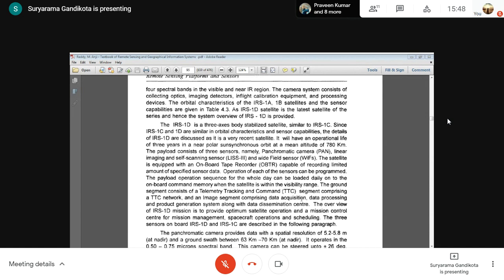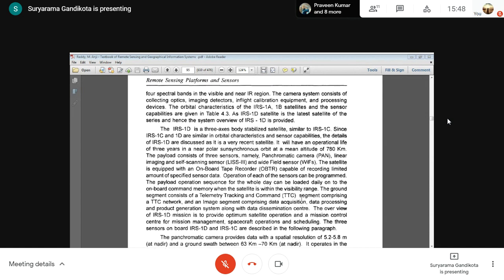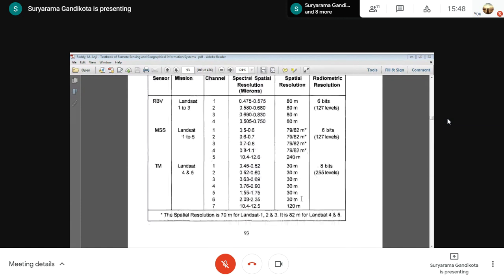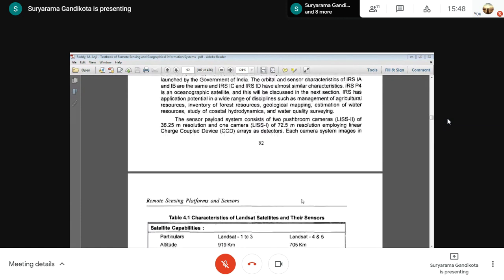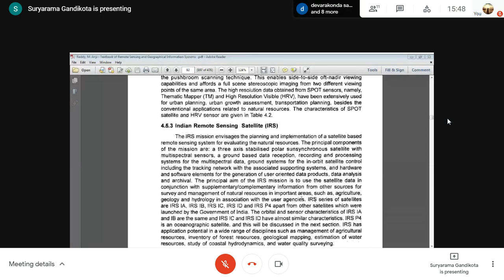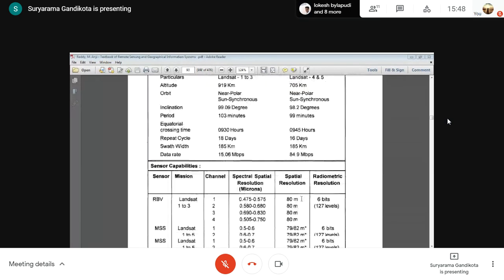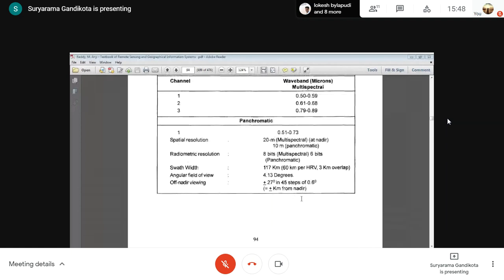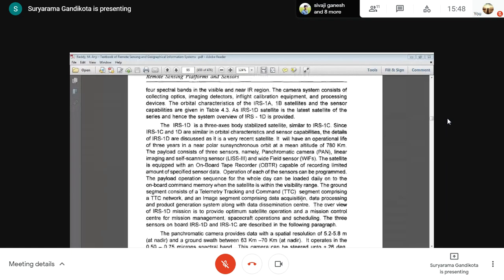Four spectral bands in the visible and near infrared region. The camera system consists of collecting optics, imaging detectors, in-flight calibration equipment, and processing devices.